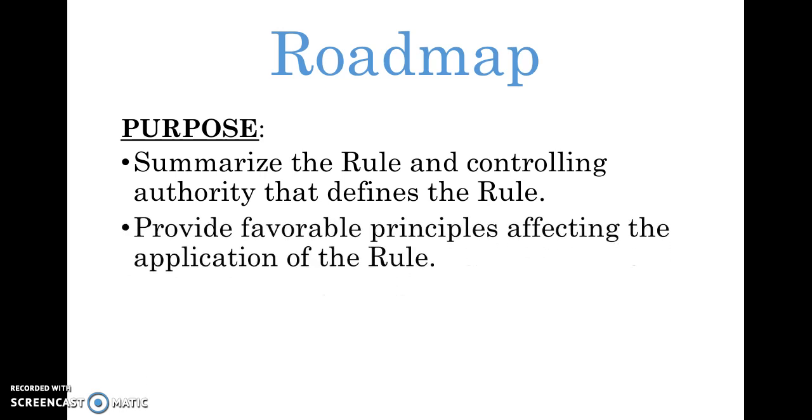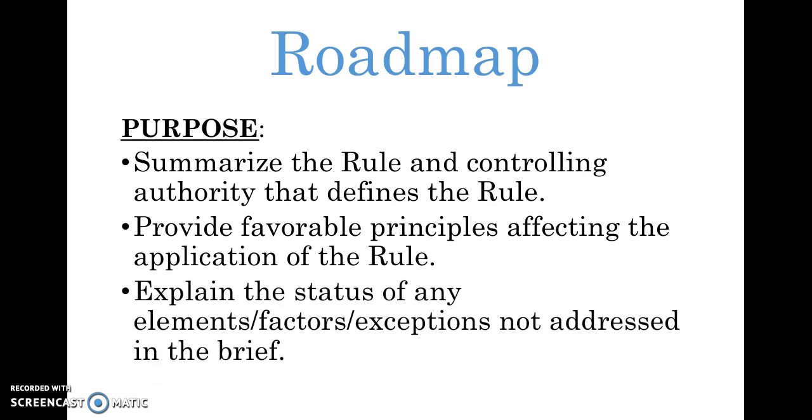In the roadmap, you also want to introduce any favorable information that affects the application of the rule. That could be policy, or prior commentary about what the rule's purpose is, etc.